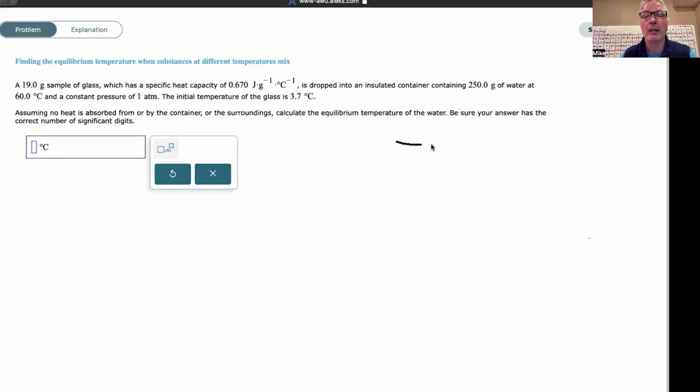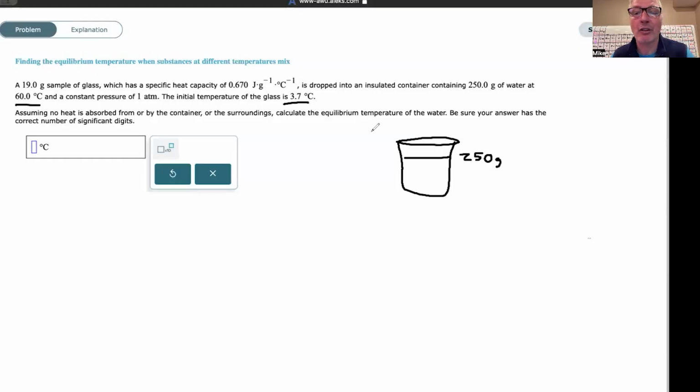So, coffee cup, insulated container. We got 250 grams of water, and it's at a temperature that is warm. And we're going to take a piece of glass, which is cold.